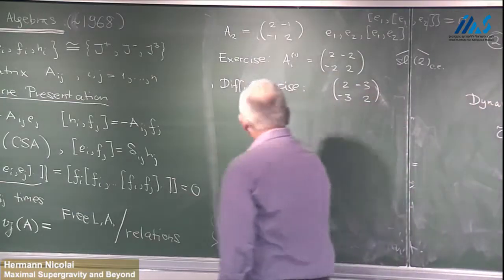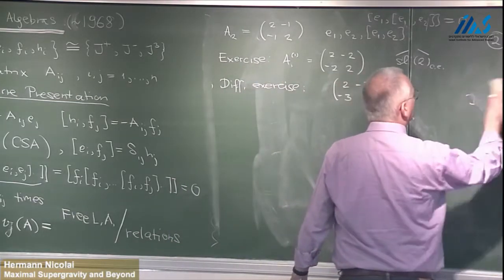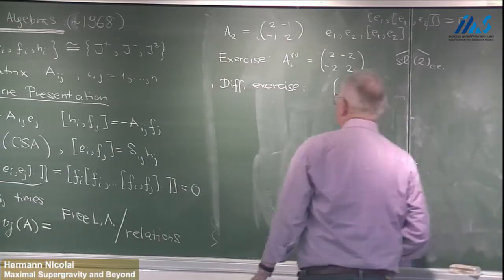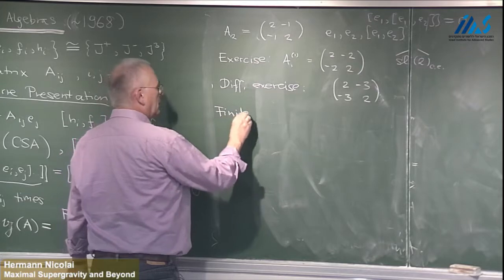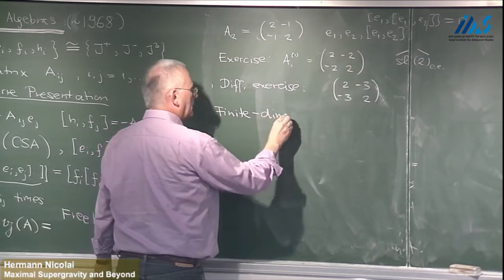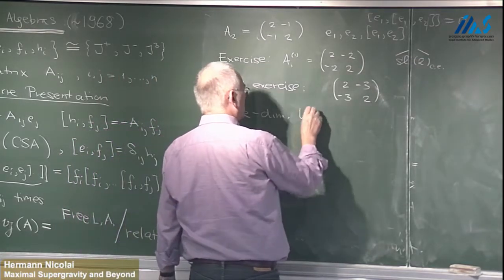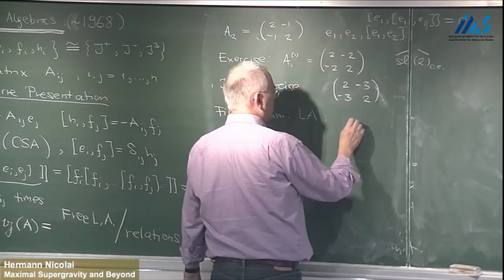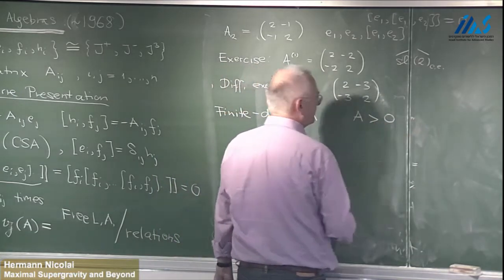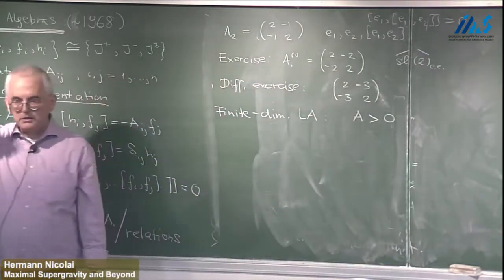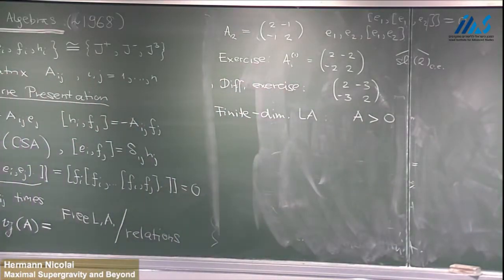Namely, they observed that the finite dimensional Lie algebras were all such that A is a positive definite matrix. If you go through the list of Cartan matrices of finite dimensional Lie algebras in the group theory books, all of them are positive definite.